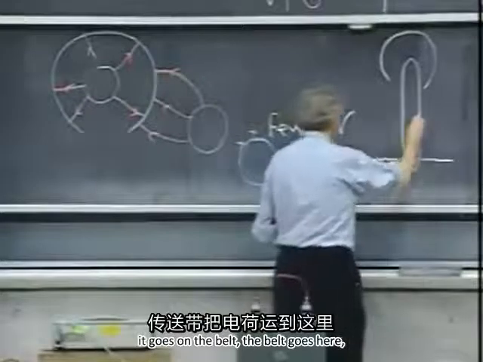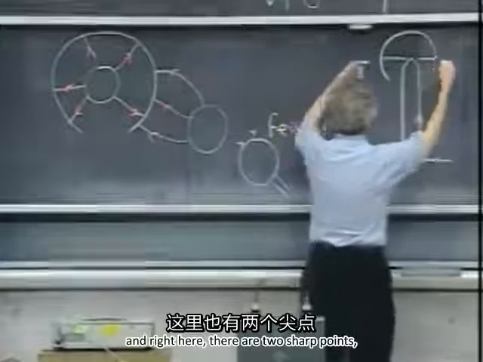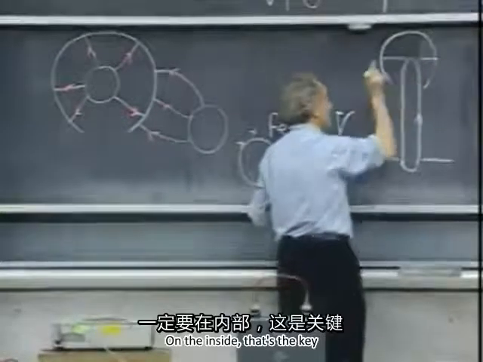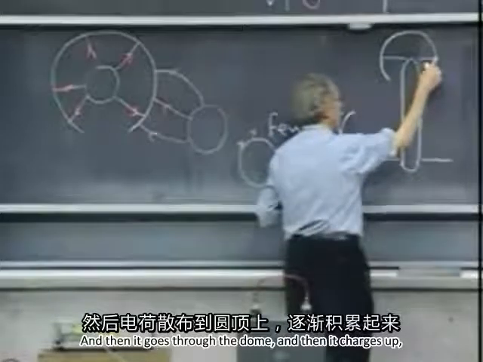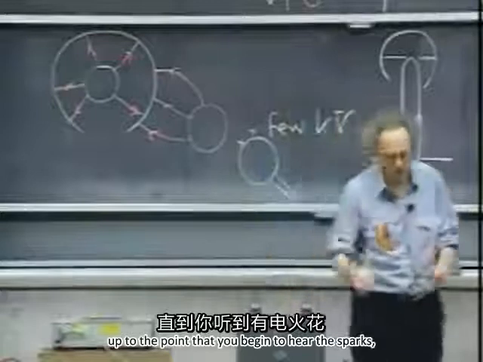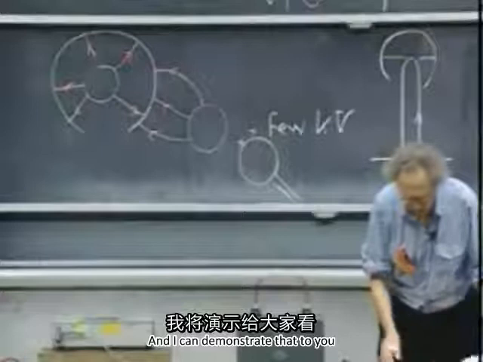The belt goes here, and right here, there are two sharp points which through corona discharge take the charge off, on the inside. That's the key. And then it goes to the dome, and then it charges up to the point that you begin to hear the sparks, and that you have breakdown. And I can demonstrate that to you.